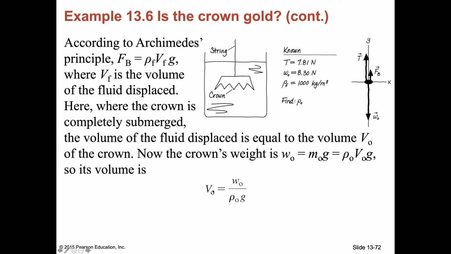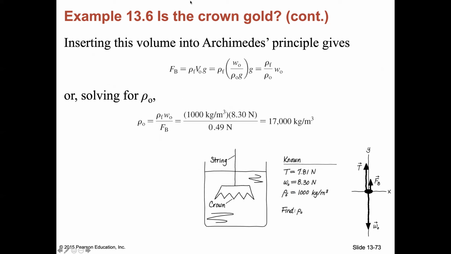V naught is the volume of the crown, and the volume of the crown equals the volume of displaced water. So the volume of the crown equals m over rho, or weight over g, which is m, over rho. So this is the equation for the volume of the crown.